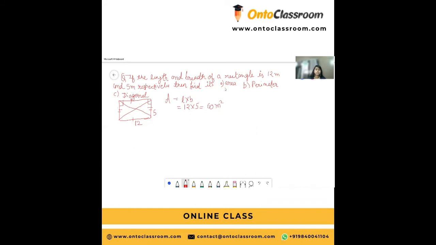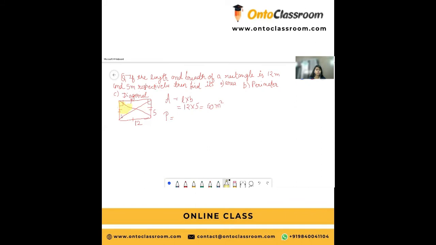The second part says, tell me about the perimeter. So there's a difference between the area and the perimeter. The perimeter is basically the boundary of the figure. The boundary of this figure is the perimeter. And what is area? The area is the space occupied by this rectangle.